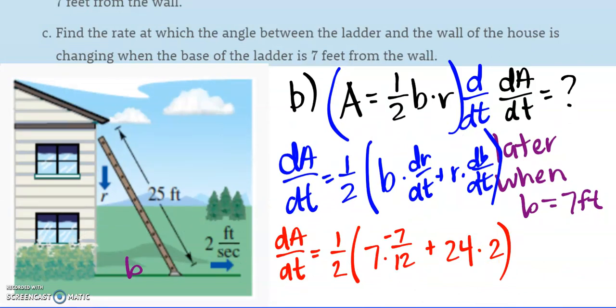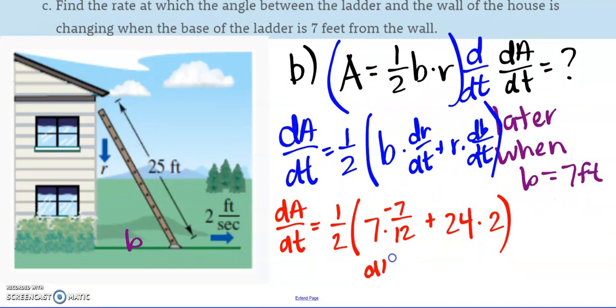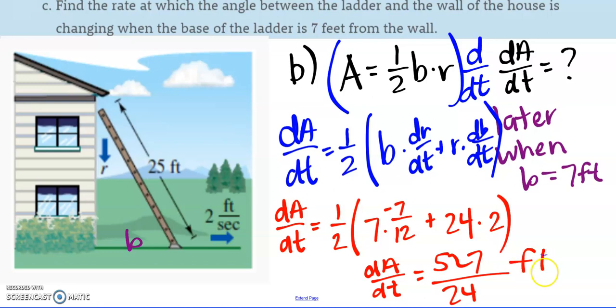And you can clean that all up because we're talking about the rate of change of an area, so we are going to use our units of feet squared. I came up with 527 over 24 feet squared per second.